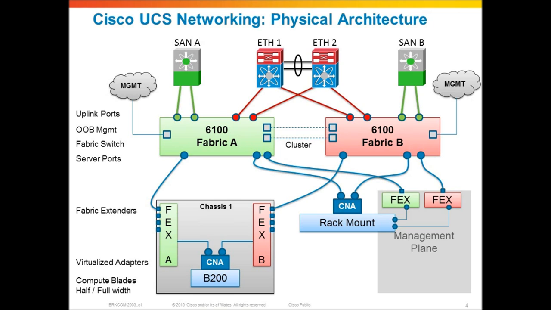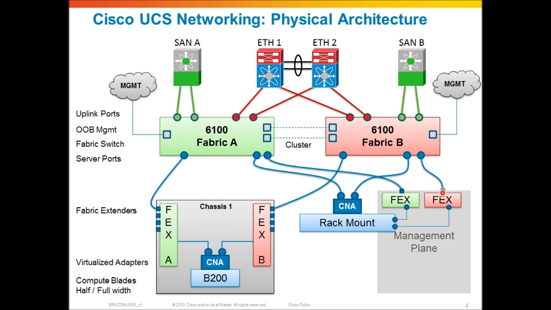I need to create a management plane for this as well, because currently this physical port on the CNA is for data traffic only. So what I would do is I'd take the 1 gig LAN on motherboard links on the rack mount server, and I would connect those up to a pair of 1 gig fabric extenders. These would be the 2248 FEXs, and this would be for management of the rack mount servers.